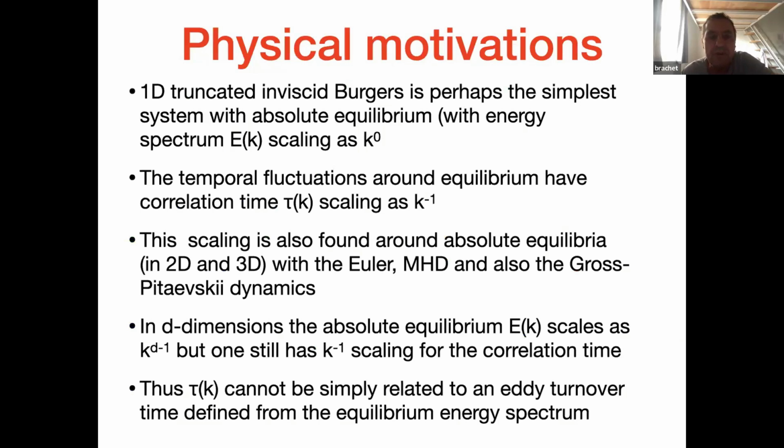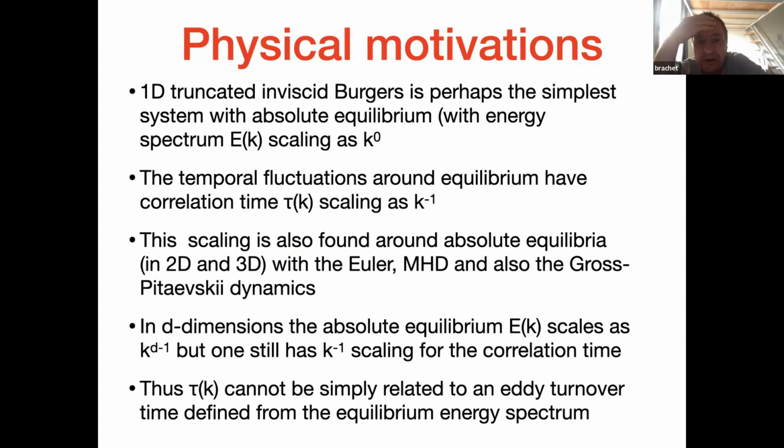So, the physical motivations. This 1D system is perhaps the simplest system in which one can study absolute equilibrium. It is well known that the temporal fluctuations around equilibrium have a correlation time that scales like k^-1, and this is very general, it does not depend on the dimensionality of space.